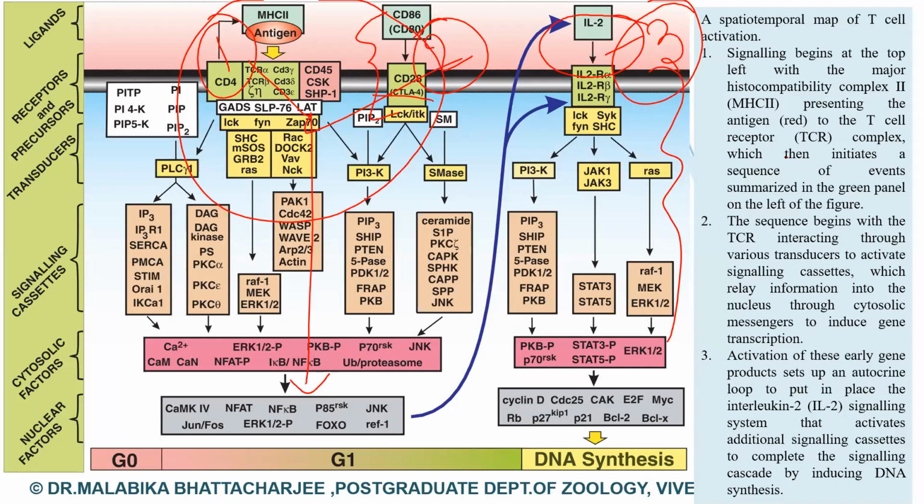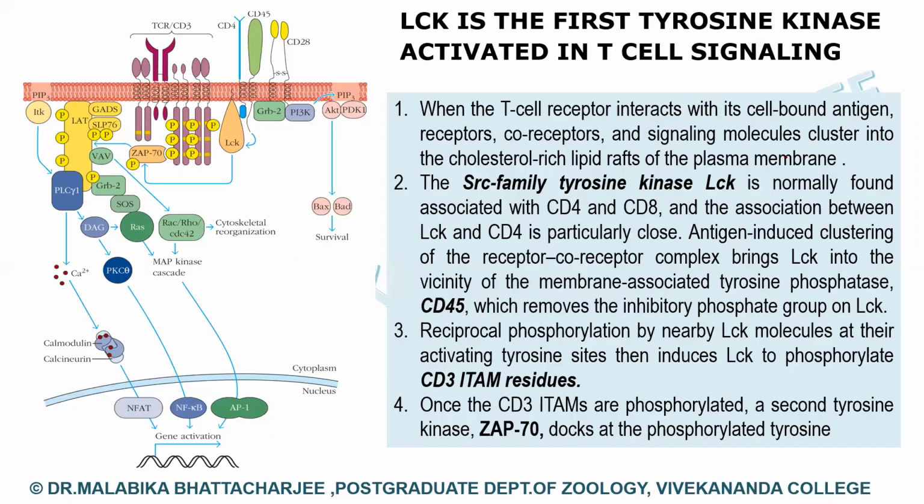For our knowledge, we will restrict ourselves to signal 1 and signal 2. Now, if you look at this picture, you can see the CD4 receptor. And there is a member of the SRC family of tyrosine kinases, LCK. Keep in mind, this is a recapitulation of what you did in semester 2.